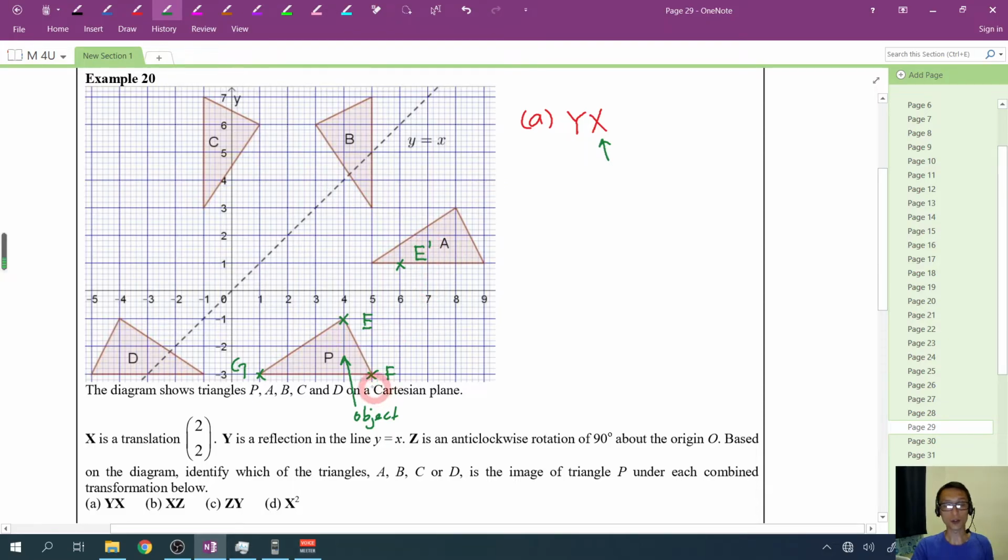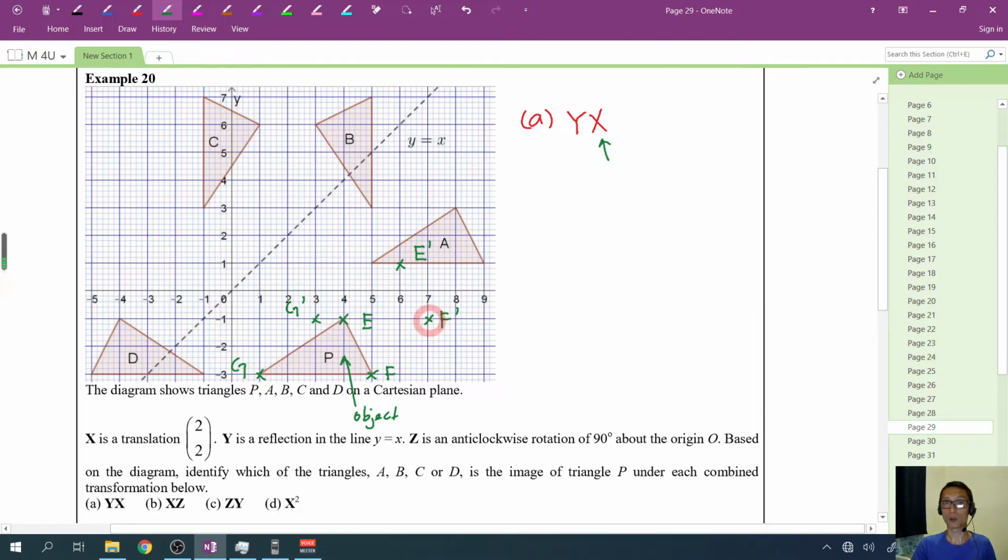We do the same thing for the rest of the points. 1, 2, 1, 2. So this is F prime. For point G, you can do it this way, 1, 2, 1, 2. So this is G prime. If you don't want to do it this way, you can start counting from here as well. 1, 2, 3, 4. 4 units.